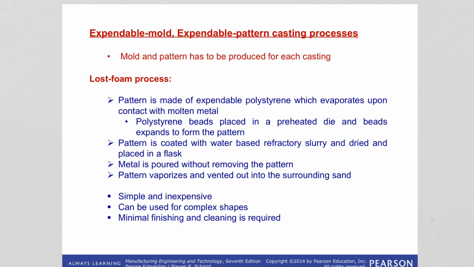So how do we make the patterns out of polystyrene? The polystyrene beads are placed in a preheated die, usually made out of aluminum, and then complex patterns can be made.